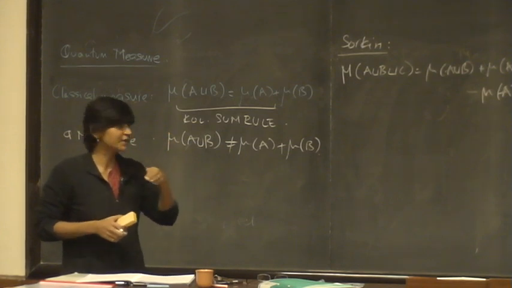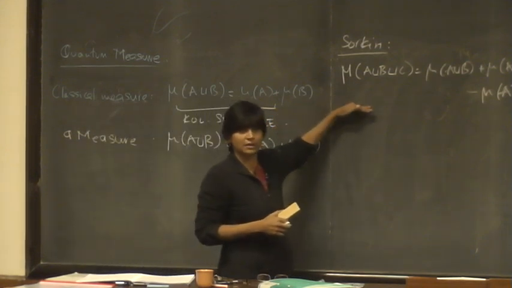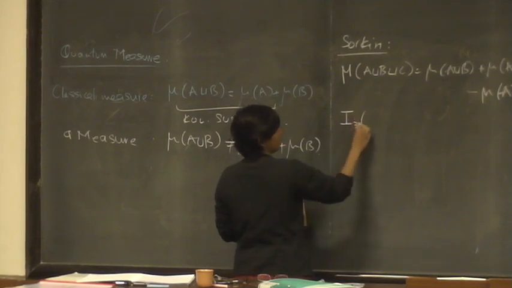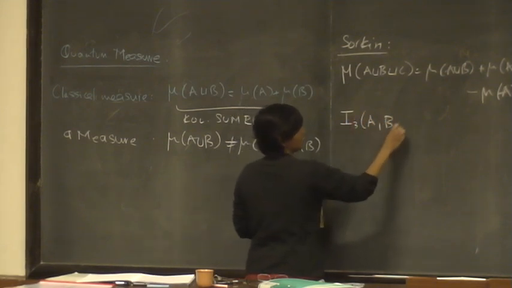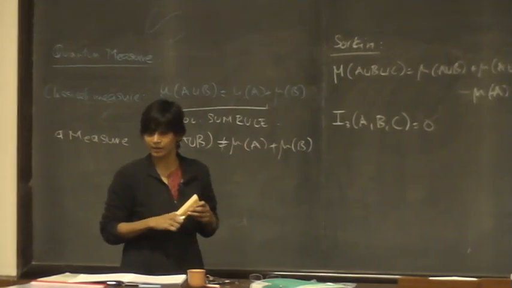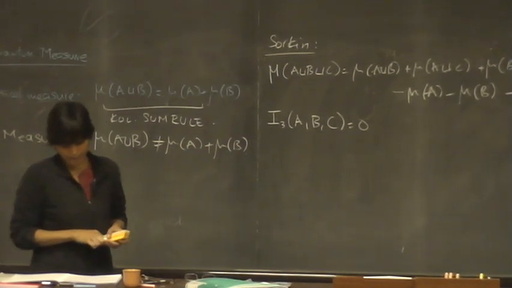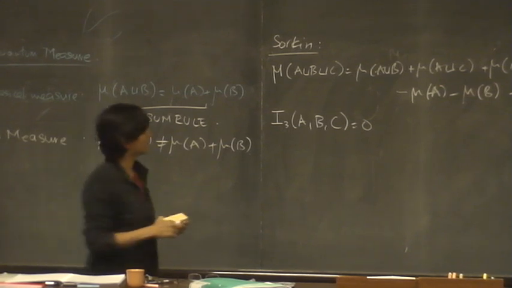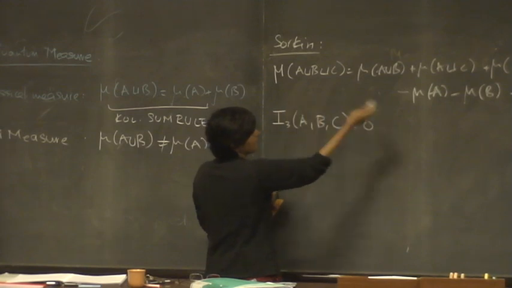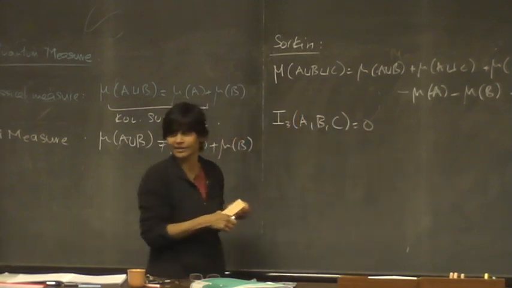Then you have the quantum measure, which satisfies this condition. Basically, this is a condition that says that I3, the interference between 3 of these, is 0. Where I3 is basically just take everything on the left-hand side.